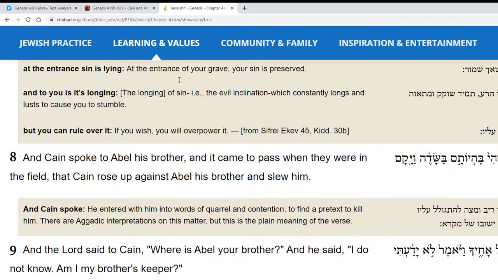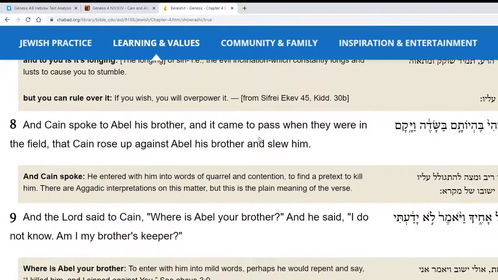Let's see, maybe Rashi will say. I really like Rashi. I've studied the whole of Genesis with all of the Rashis, but it's hard to remember all of them. Okay, Chabad. And Cain spoke to Abel his brother, and it came to pass when they were in the field that Cain rose up against Abel his brother and slew him.